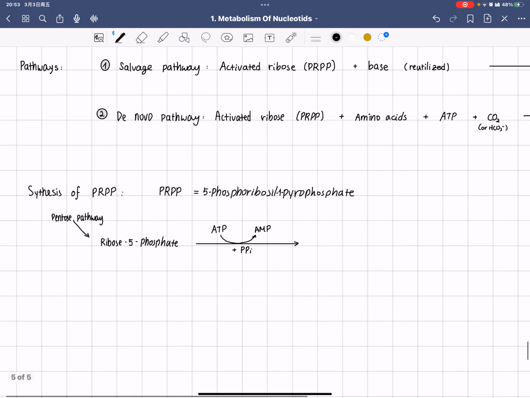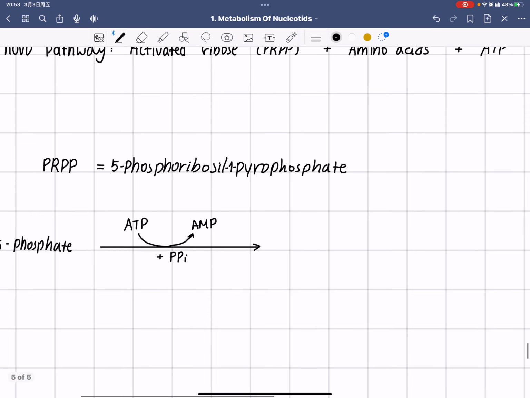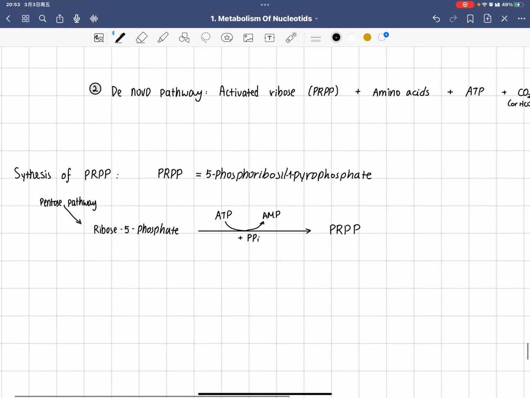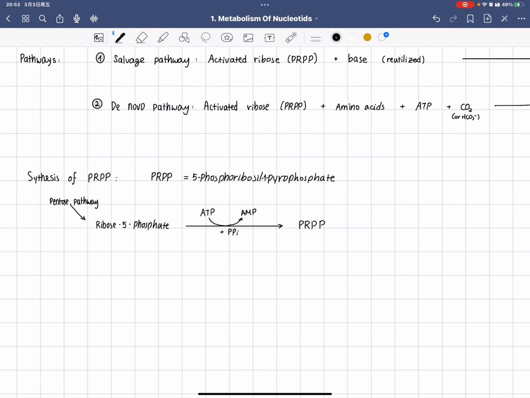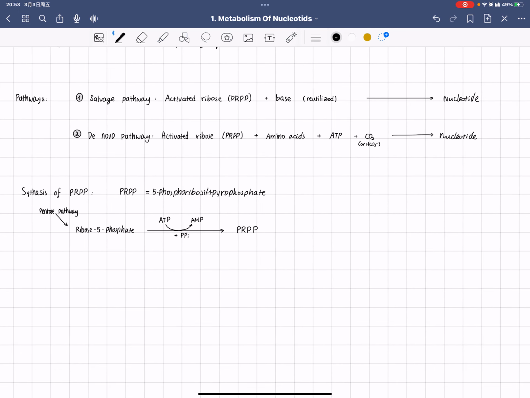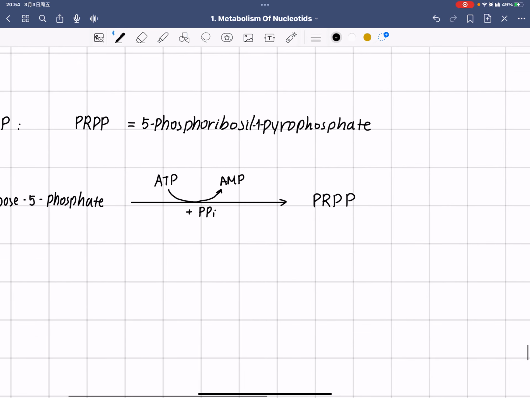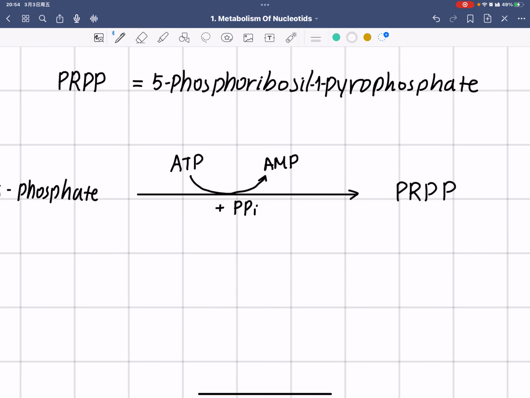So we need these 2 phosphate groups to form PRPP, which is added onto the first carbon ring. And as this process synthesizes PRPP, a very easy name for this enzyme is PRPP synthetase.